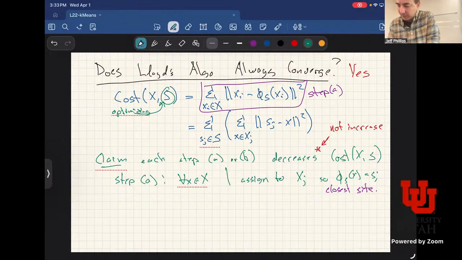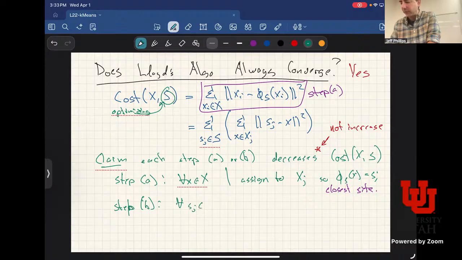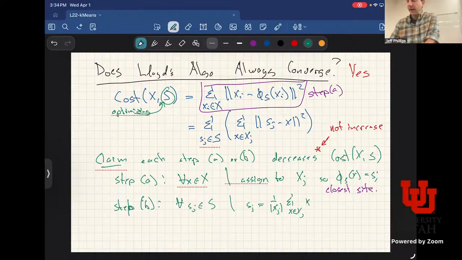Okay? Hopefully this makes sense. And then for step B, remember, this is for all of the sites. I'm going to set Sj equal to the average of all the things assigned to it.